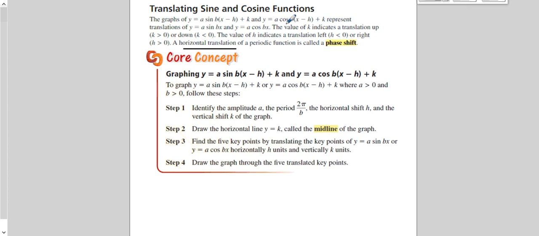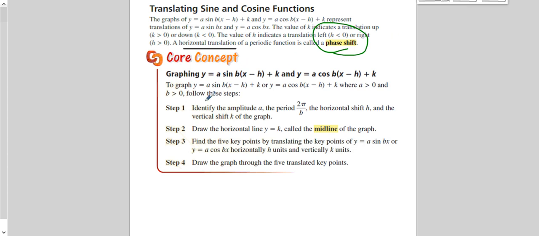The value of k indicates a translation up or down. The value of h indicates right or left. A horizontal translation of a periodic function is also called a phase shift. When you shift it left or right, they call it a phase shift.